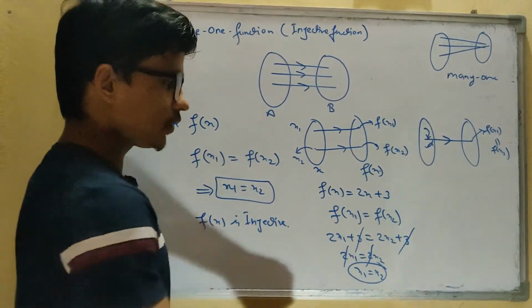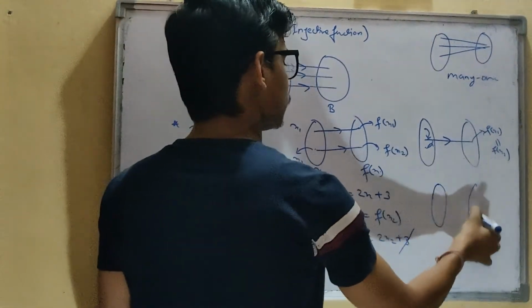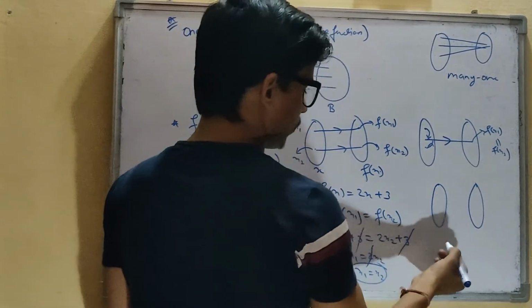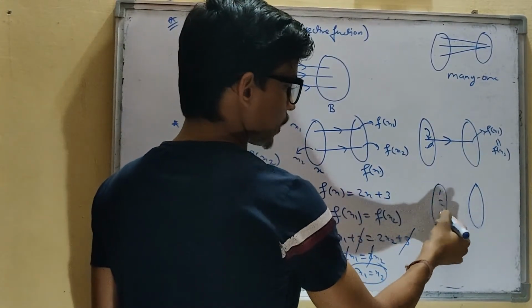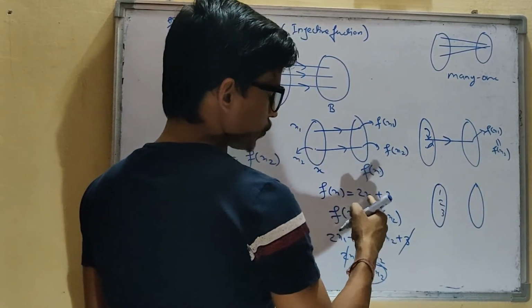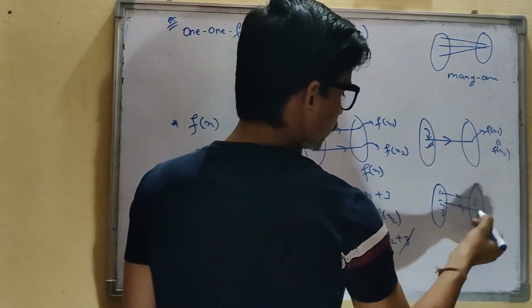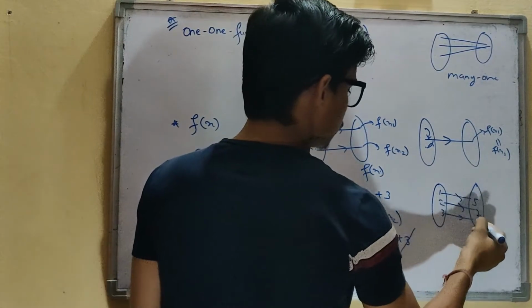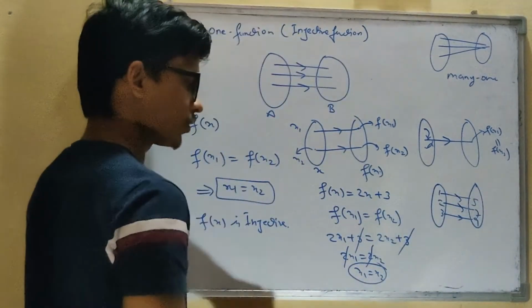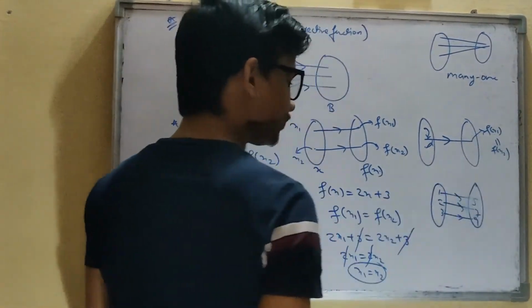And if you draw the mapping, for 1, 2, 3: if you put x equals 1, you are going to get 5. If you put x equals 2, you are going to get 7. If you put x equals 3, you are going to get 9.